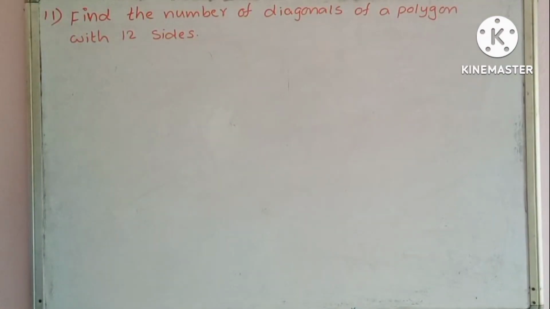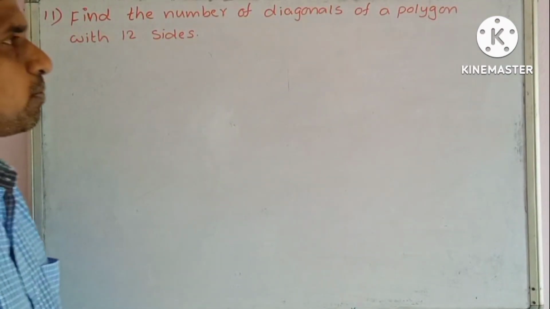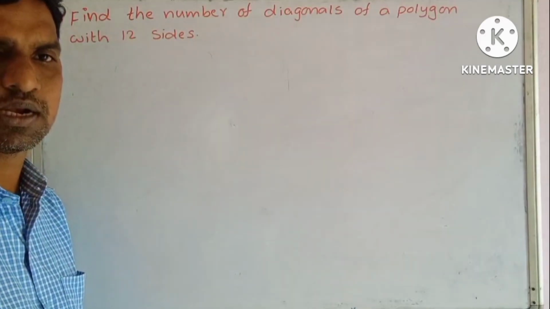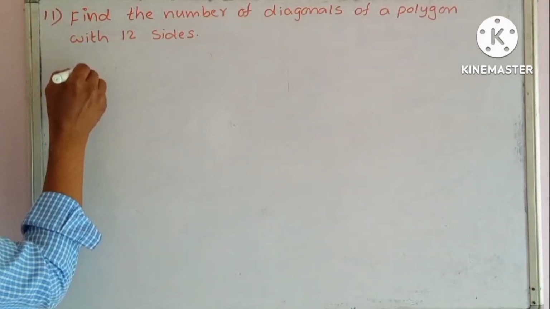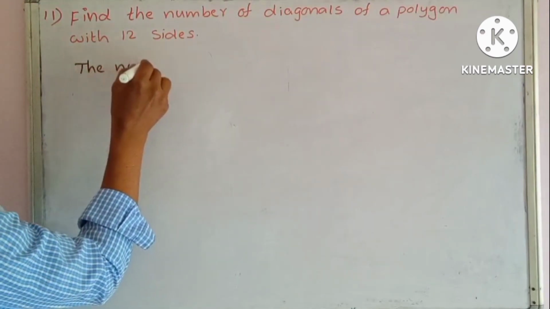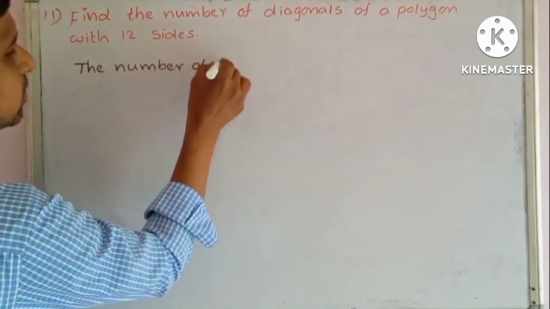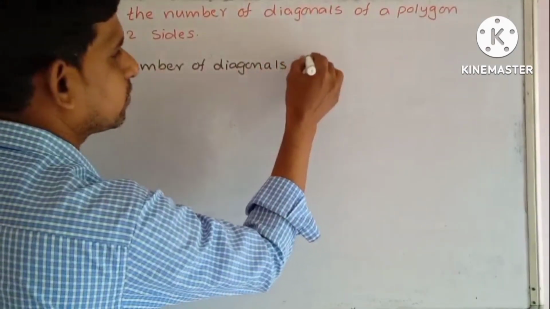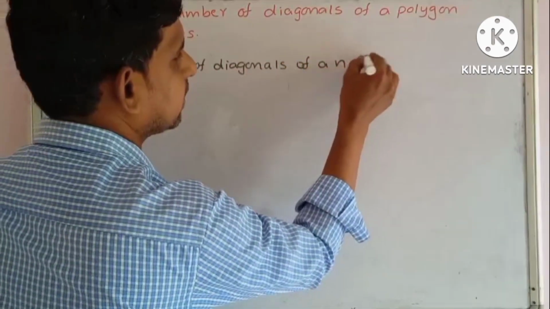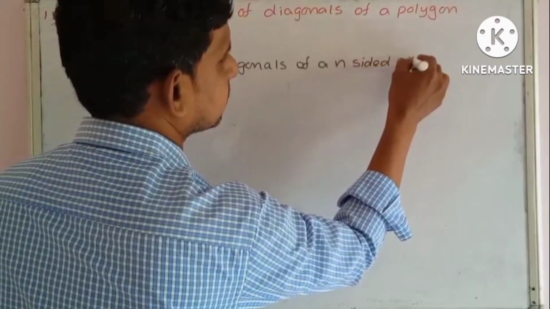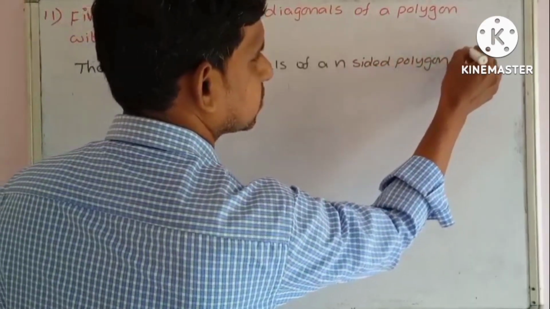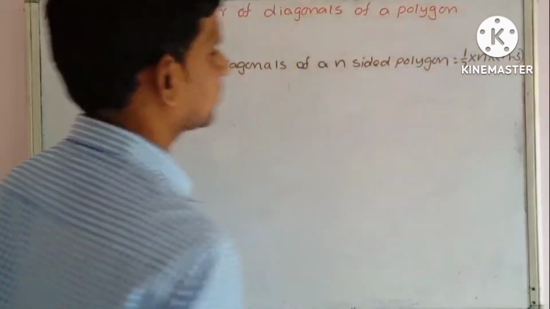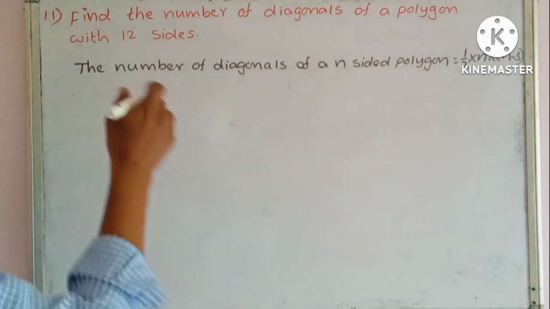The number of diagonals of an n-sided polygon is 1 by 2 into n into (n minus 3), that is half into n into (n minus 3). Here how many sides are there? 12 sides.